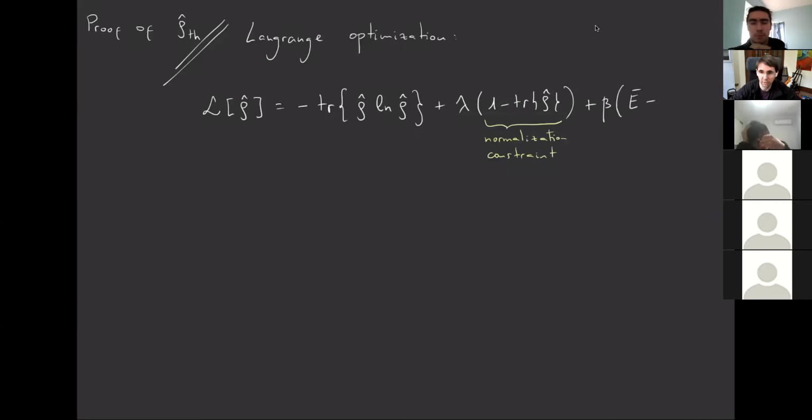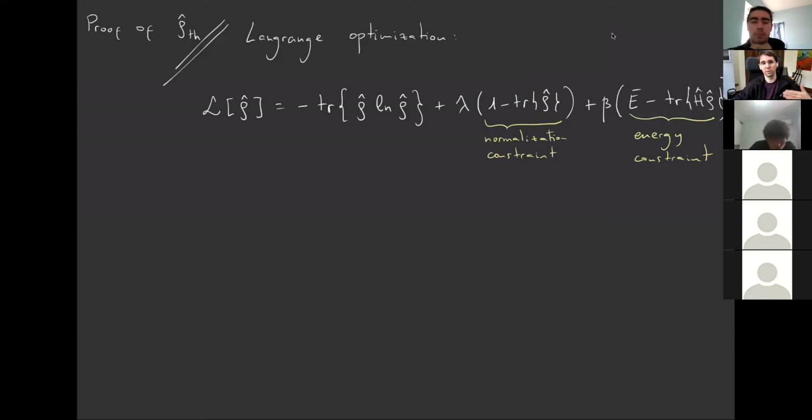So the mean energy has to be equal to the trace of H rho. So this is the energy constraint. Okay, so when I say that this is the normalization constraint, of course, what I mean is this equal to 0 is the normalization constraint, and this equal to 0 is the energy constraint.